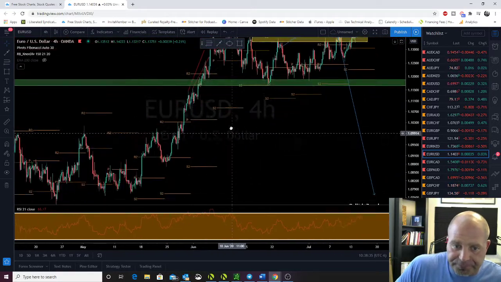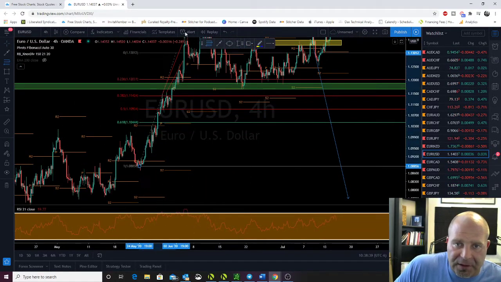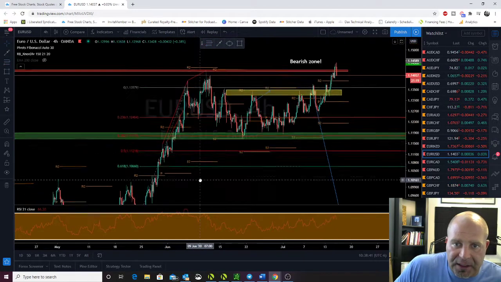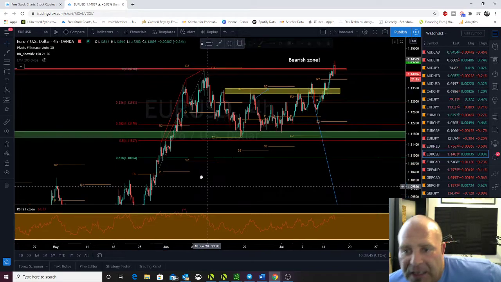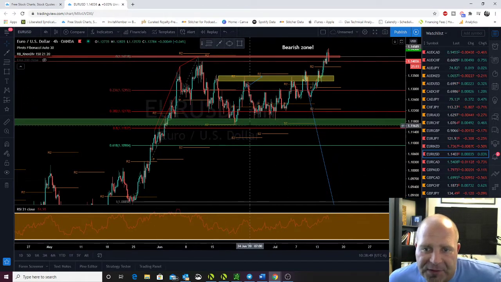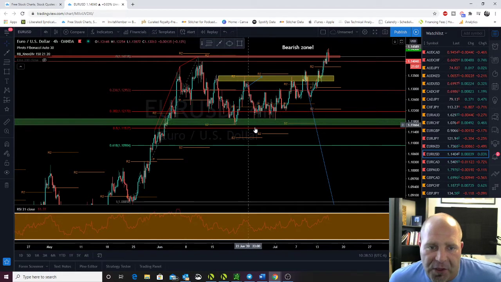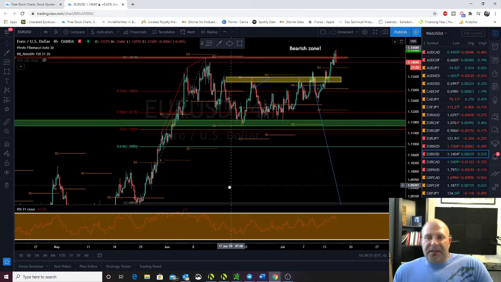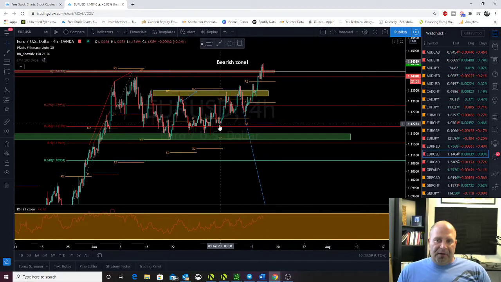All right. So I'm going to use our Fibonacci from this swing low to that swing high. Now, guys, look, price came almost down. That's why I have my bullish zone here. It went past the 382, almost to the halfway. So that would tell us we're probably going to keep going here, right?